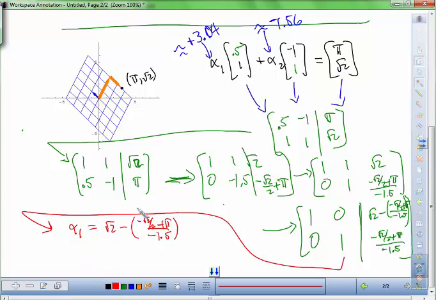So this is saying 1 times alpha 1 is equal to this, and 0 times alpha 1 plus 1 times alpha 2 is equal to this. Okay? If you punch that into your calculator, you should get something that's about 0.3 and negative 1.5.